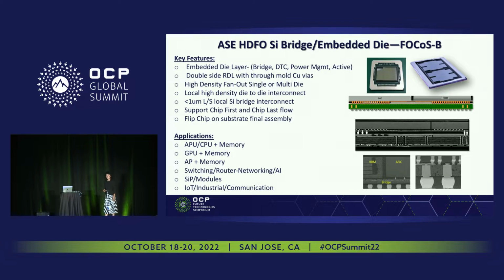Another key platform, compared to this fan-out pure RDL platform, is the high-density fan-out silicon bridge technology. Comparing these two, in silicon bridge technology, the bridge is a silicon bridge that can connect die-to-die interconnect. But the beauty of this technology is that it can provide super high-density die-to-die interconnect.